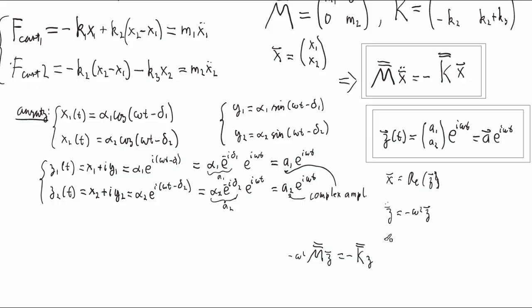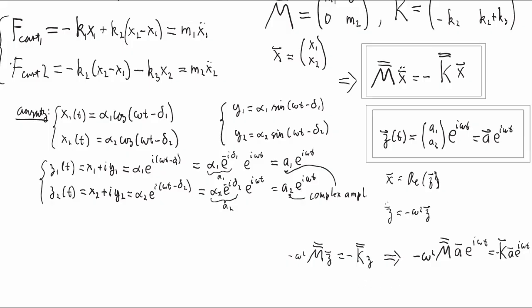If we then substitute z explicitly, we get minus omega squared matrix M vector A e to the i omega t equals minus K A e to the i omega t. It's a vector there.